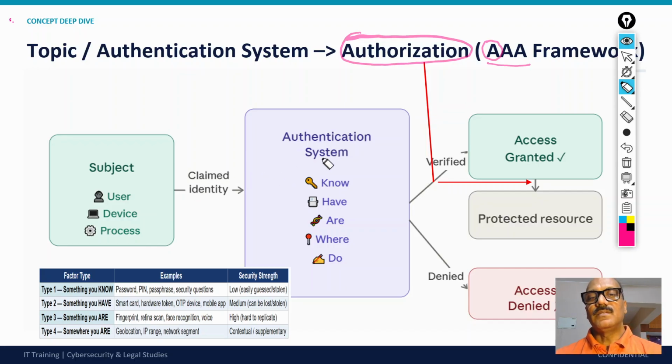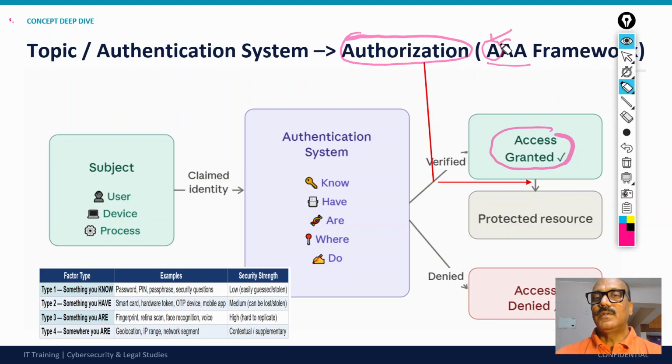That means you got access to the resource. So that is where access granted is here. Now that ends the authentication part of the AAA framework. So we are done with the first A.